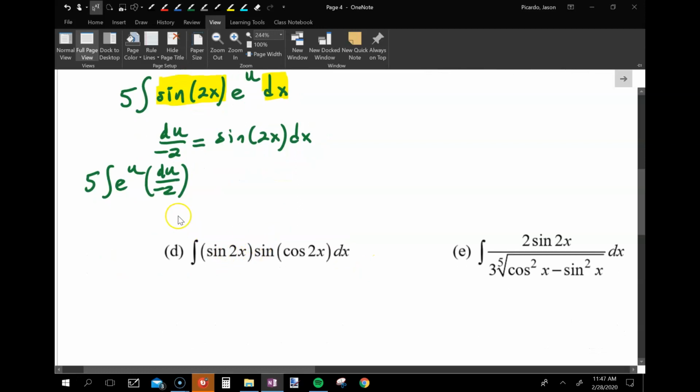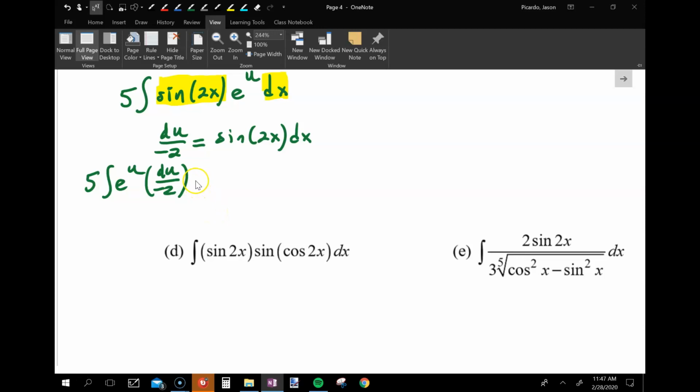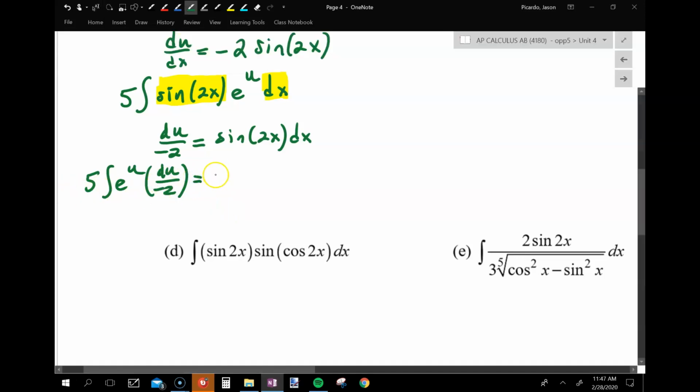What am I going to do next? Move the -2 over, right? Yeah, so this is the same as 5 over -2 integral of e to the u du. What's the integral of e to the u? E to the u. Plus c, right? And all I got to do now is plug the u back in.